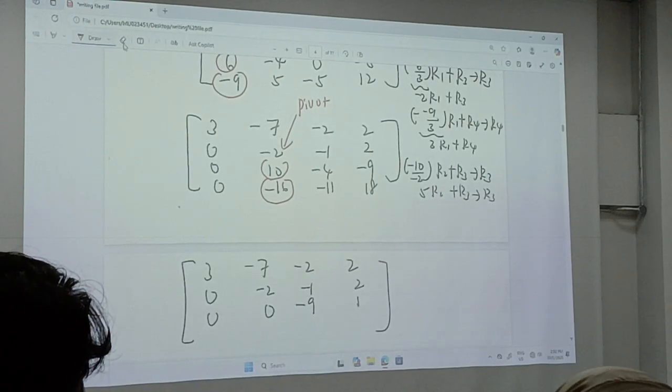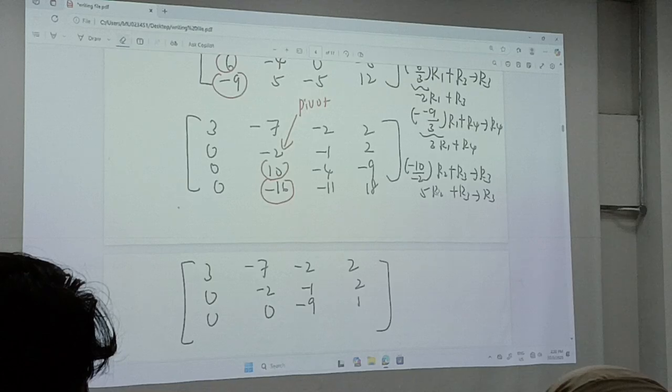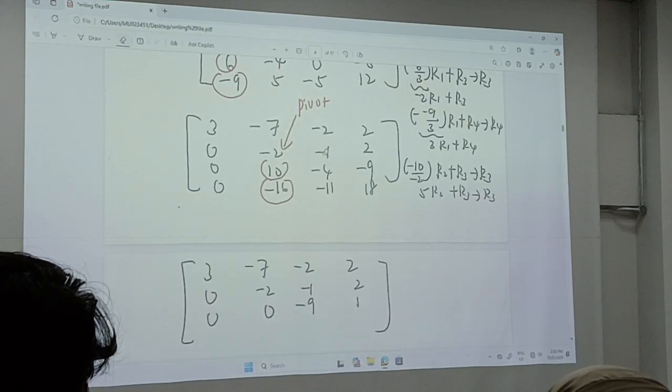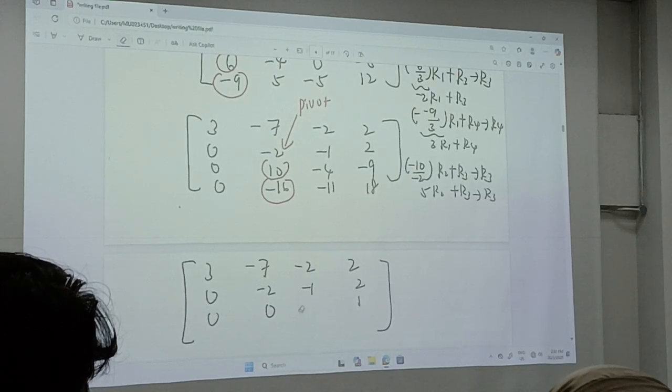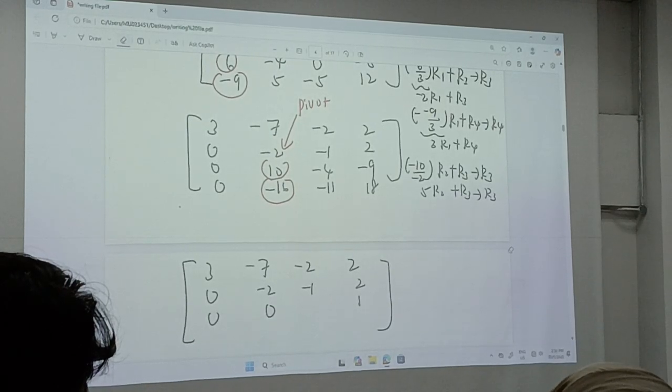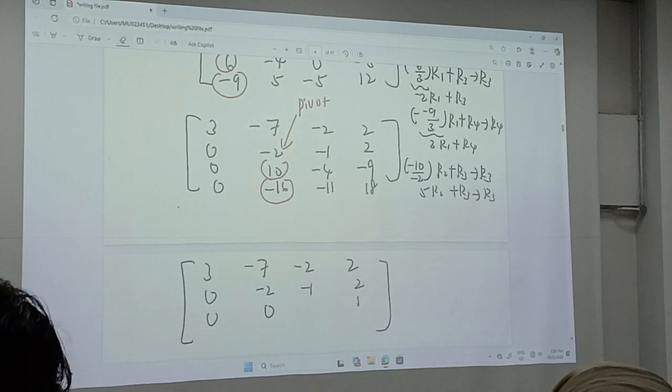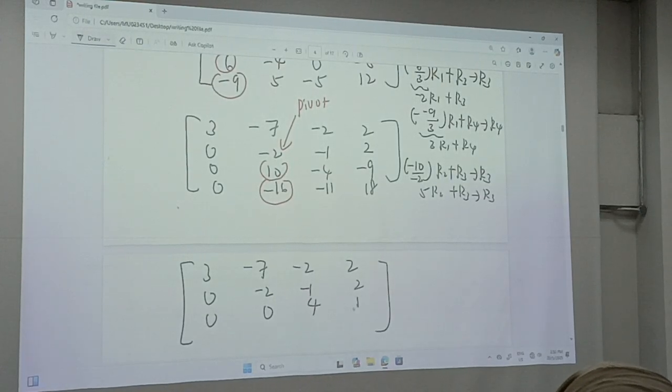This will be 5 times R2, R2 equal to negative 1, right? Here equal to 4. Yes, yes. Here equal to negative 9.